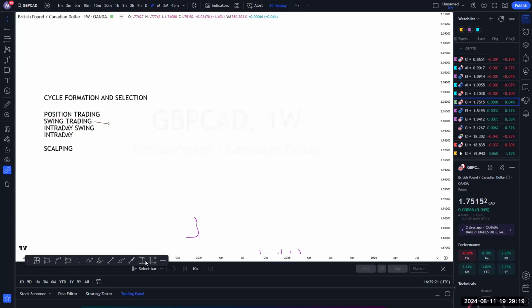Now here, a lot of people get confused with the time frames they should be using for the swing.